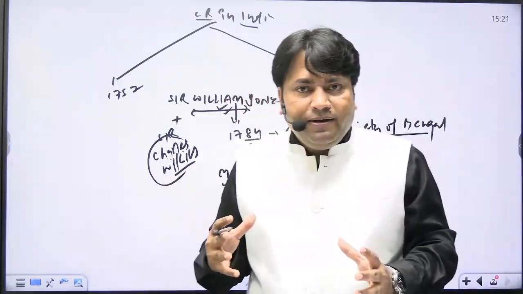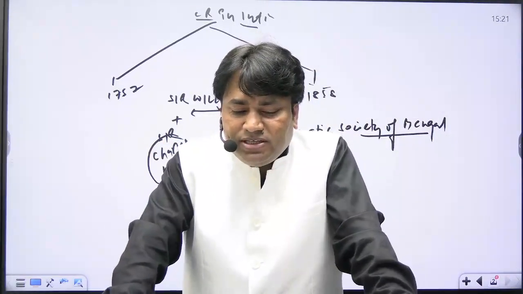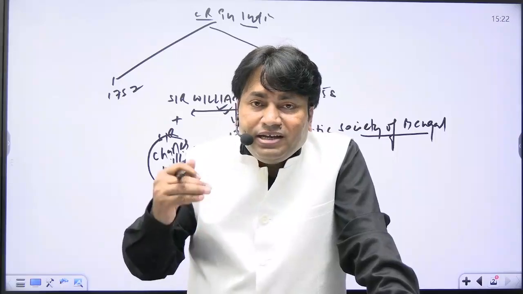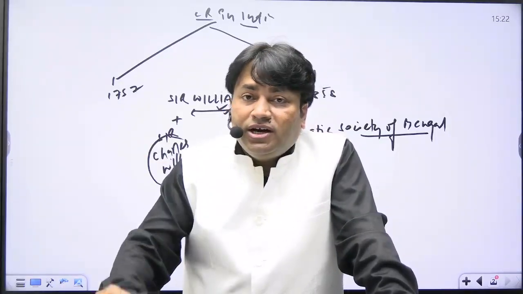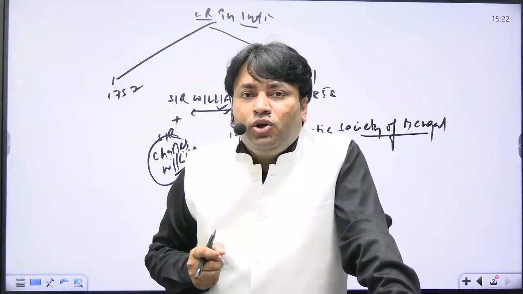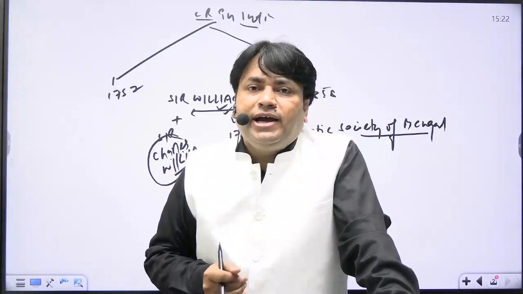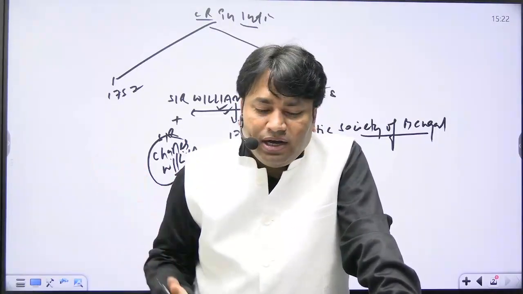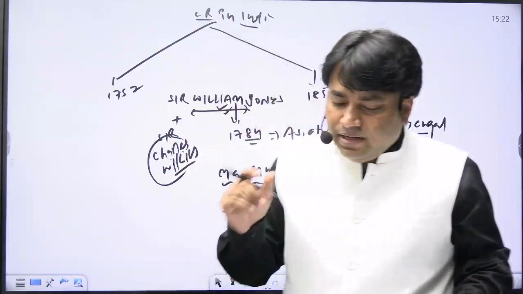James Prinsep did the interpretation of the earliest Brahmi script, and he was the first person who was able to decipher what was written on Ashoka's edict in 1837.